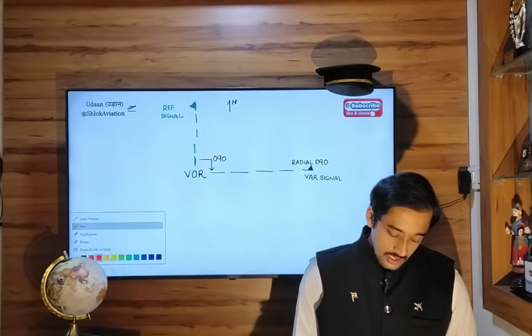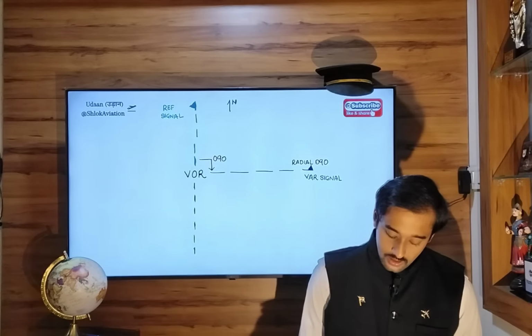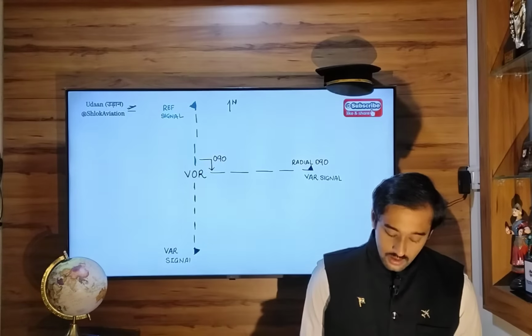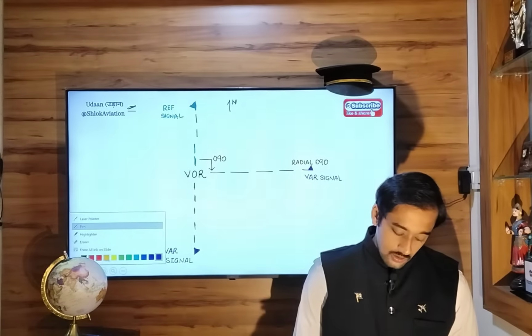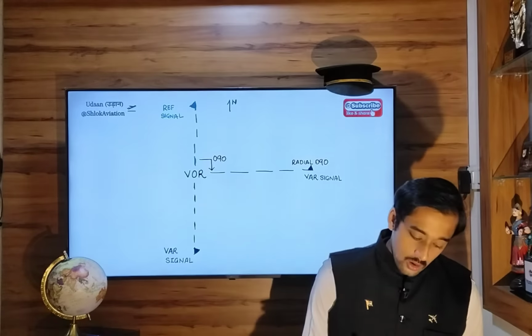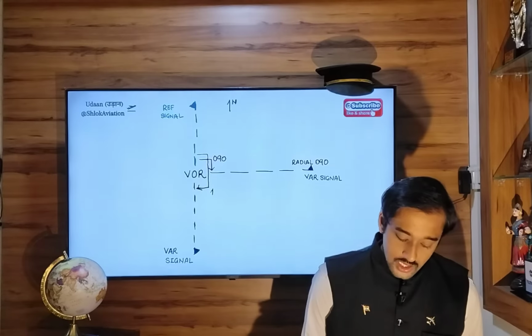Similarly, this variable signal will travel to this side of the VOR. The angular difference now between this reference wave and this variable one will be 180 degrees.